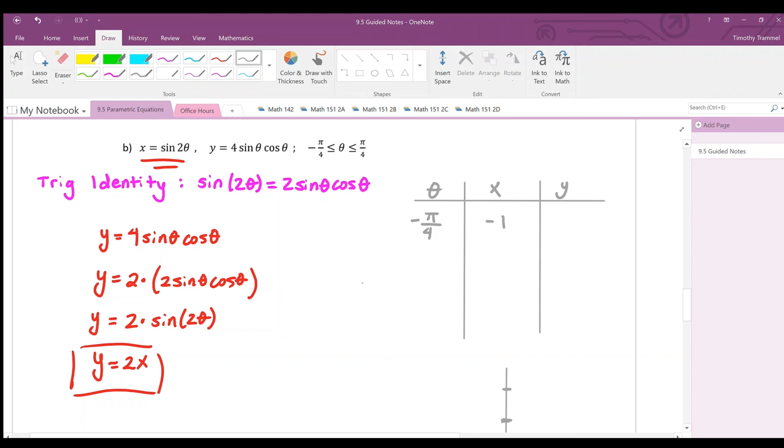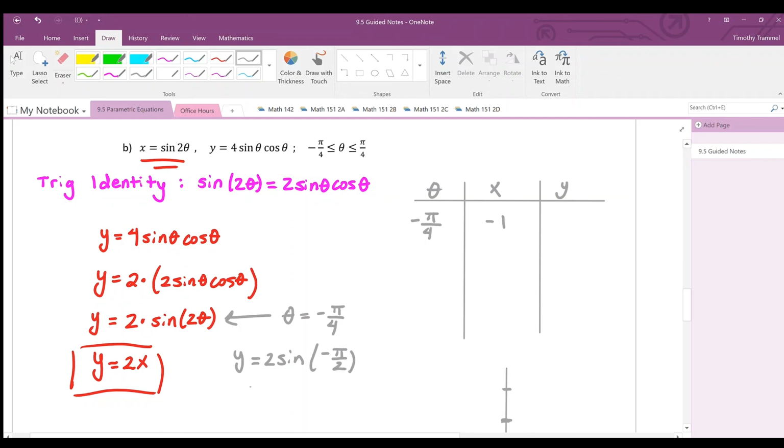And let's think about the y value. The y value is this 4 sine theta cosine theta, or I could actually also use this here. If we plug in theta equals minus pi over 4 down here, that's going to give us 2 times sine of minus pi over 4 times 2, that's minus pi over 2.